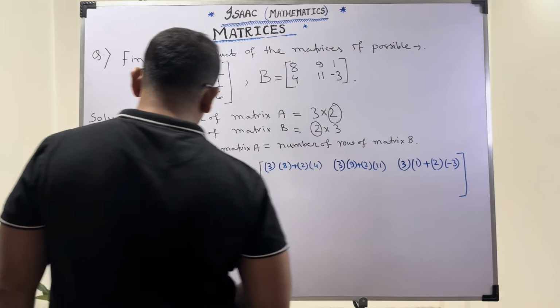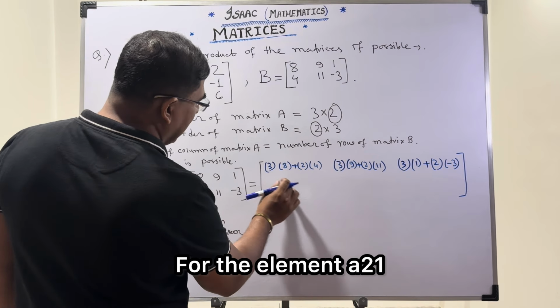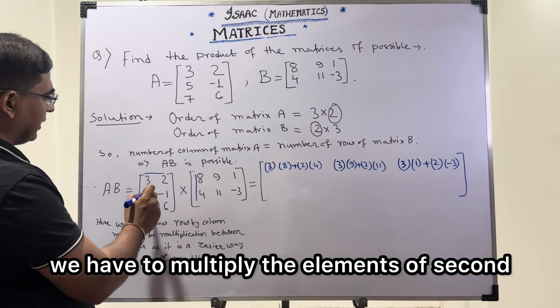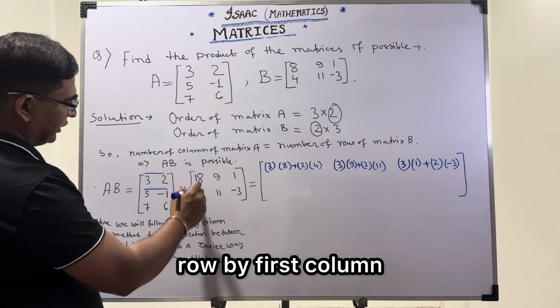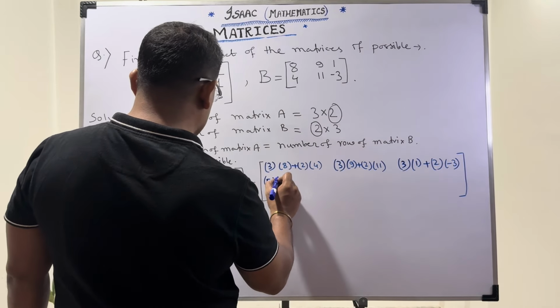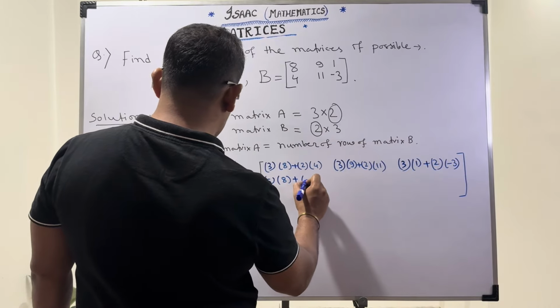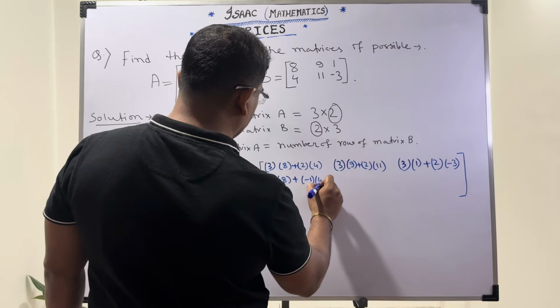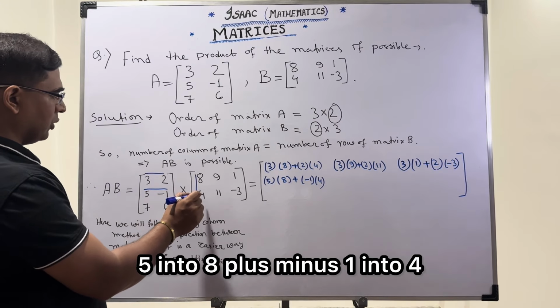Okay. Then for the element A21, we have to multiply the elements of the second row by the first column: 5 into 8 plus minus 1 into 4.